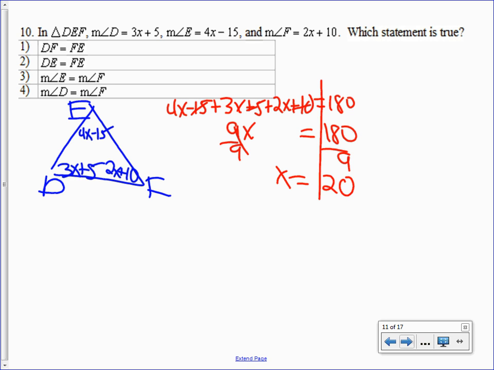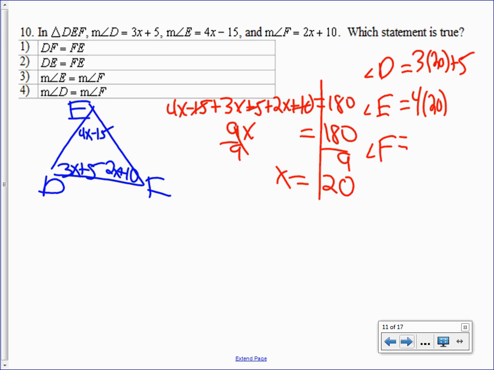Now that I have that, I want to find out what angle D, angle E, and angle F are. Well, D is 3x plus 5, E is 4x minus 15, and F is 2x plus 10. Well, that is 65, that is 65, and that is 50.